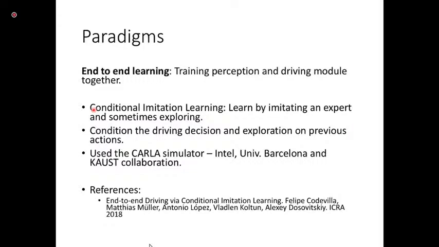So what is a conditional network? A conditional network is where you also give an input driving signal. So you may say, for example, from the planar module, that at a particular intersection you want to go left.